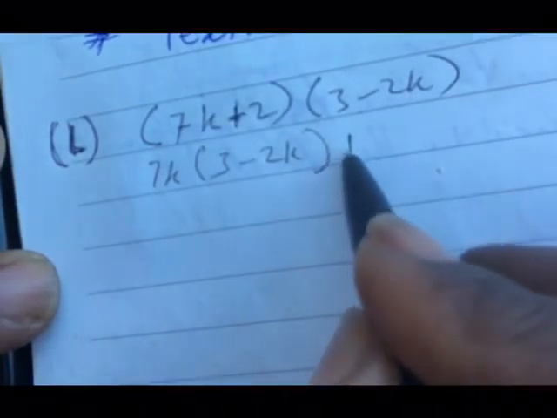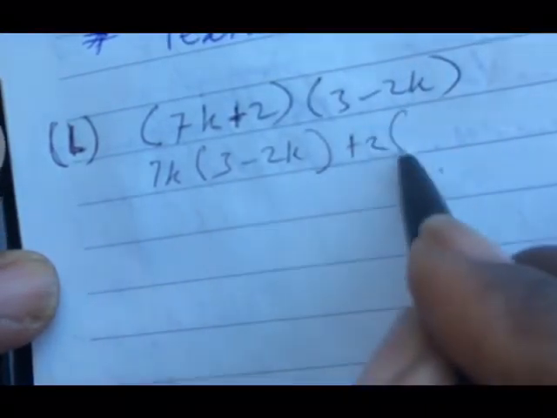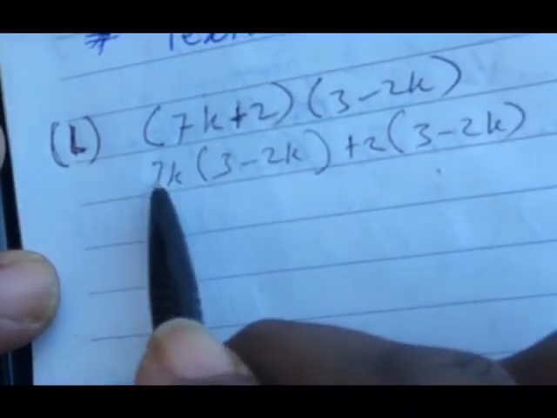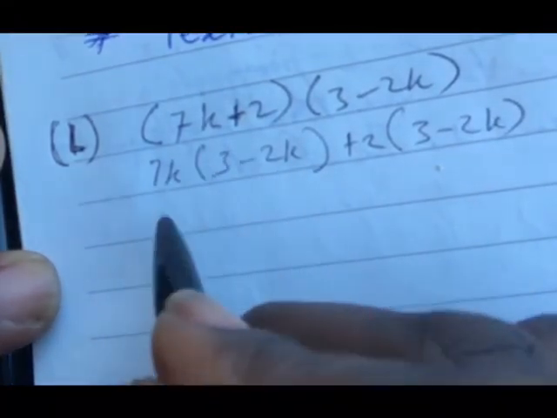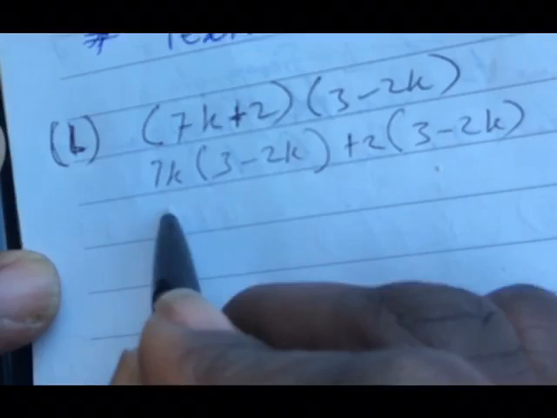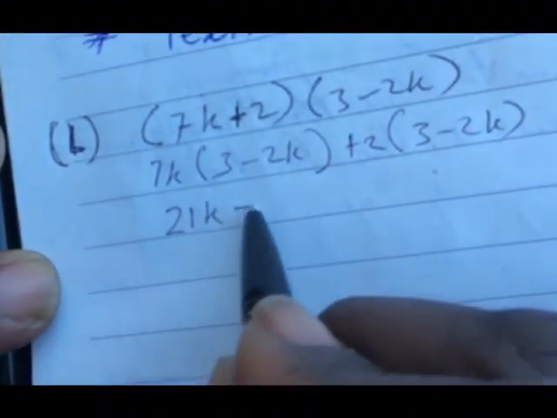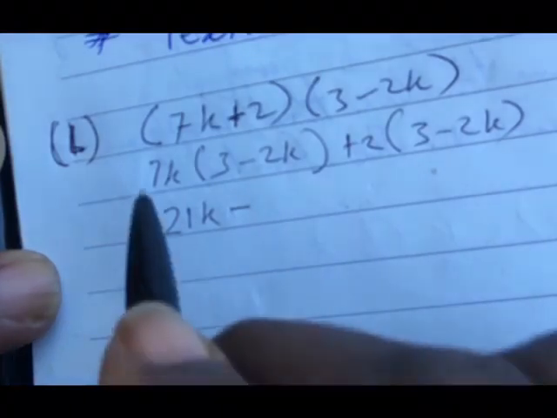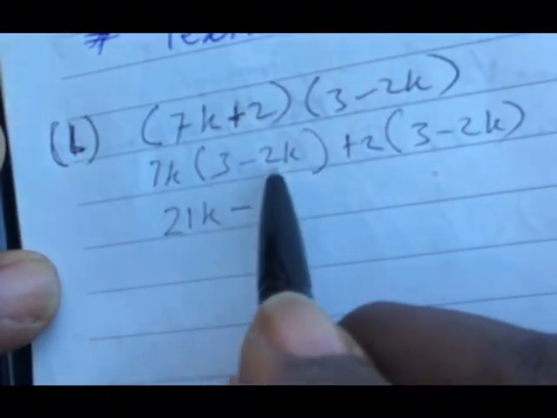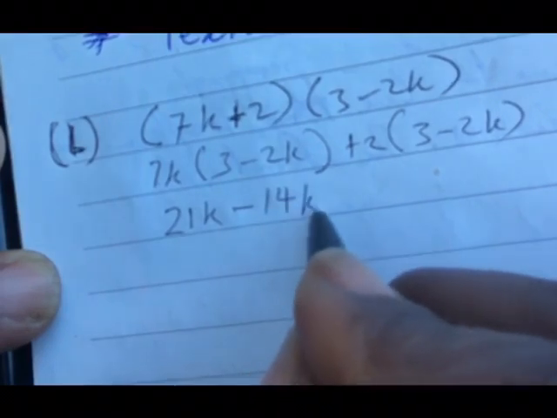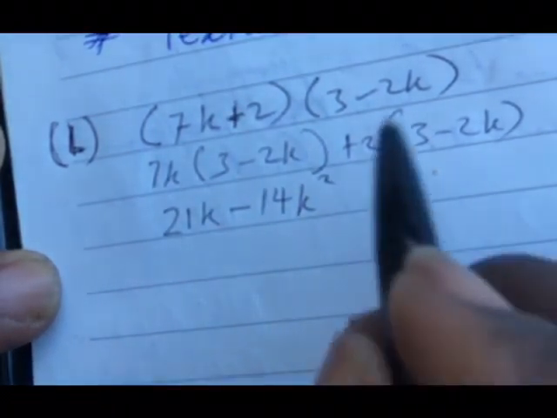Now positive 2 into bracket 3 minus 2k. 7k multiplied by 3, we have 21k, minus 7k multiplied by negative 2k, negative 14k squared, plus 6.